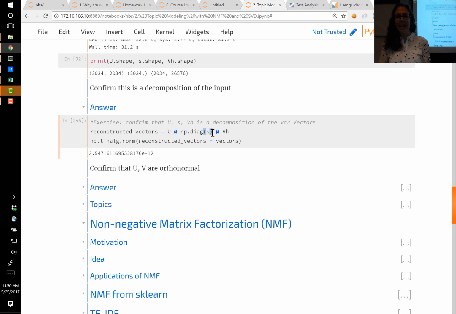Diag is handy. It takes in a vector and makes a square matrix with those as the values. It's a little bit confusing, because diag can go in both directions. If you give it a vector, it returns a matrix. If you give it a matrix, it'll return a vector of what was on the diagonal. That's kind of a shortcut.